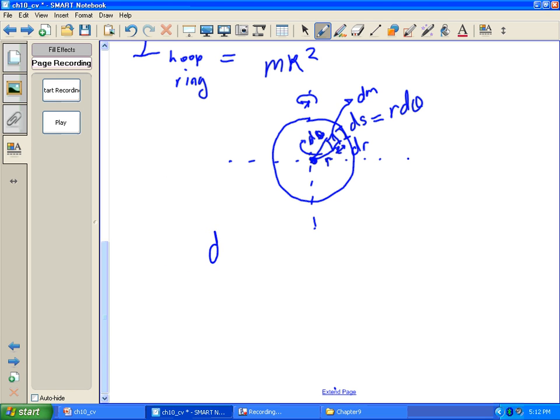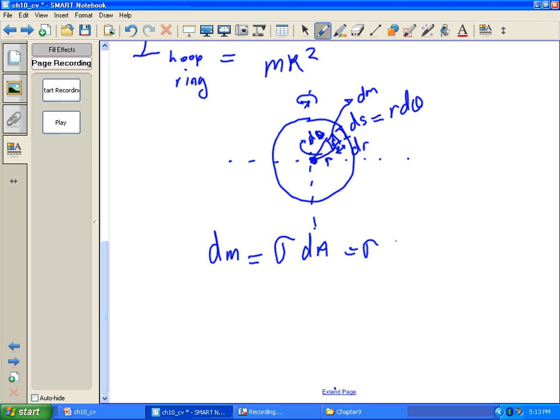Okay, let's see. dm is equal to not lambda anymore, but sigma, because now we have an area, dA. What is the area dA? Well, we have a dr times a ds, right? That describes the area.